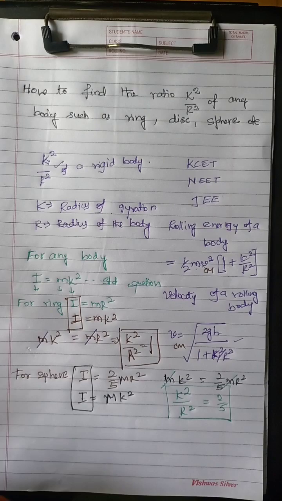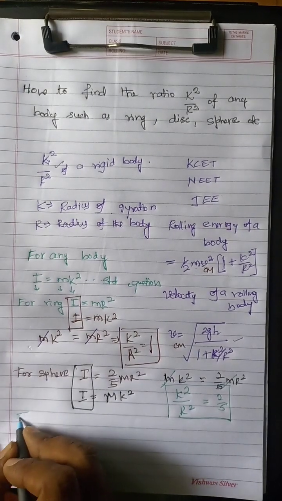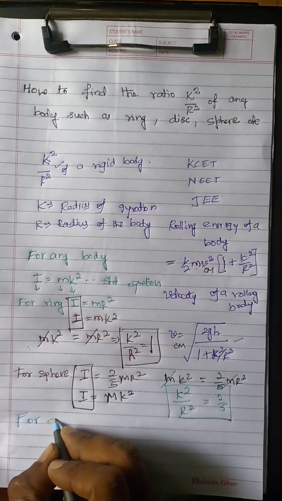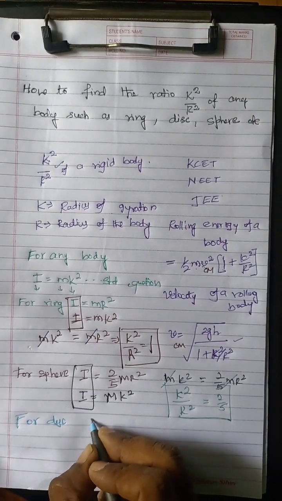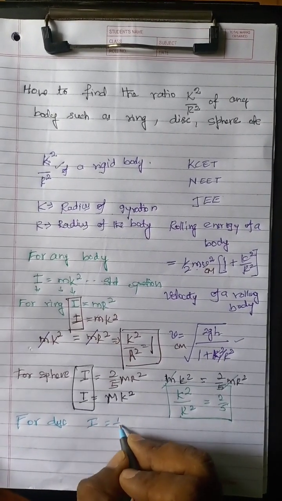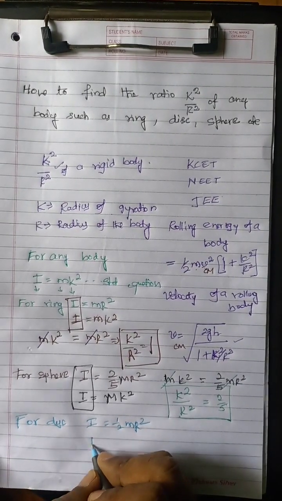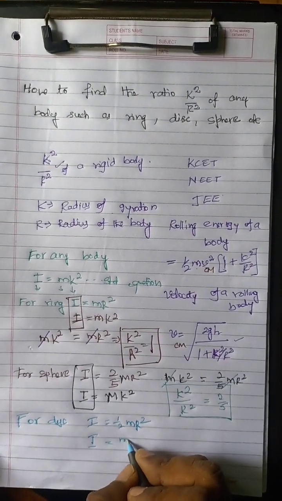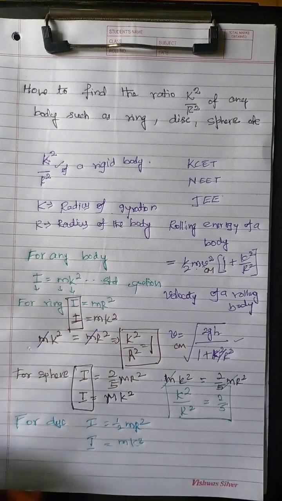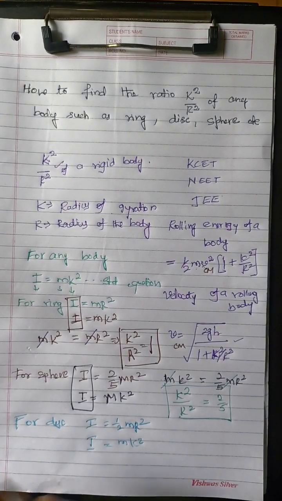Same way, if you want to calculate for a disk, I is equal to 1 by 2 mr square. Then you know the standard equation I is equal to mk square. Here also the left hand side is equal.